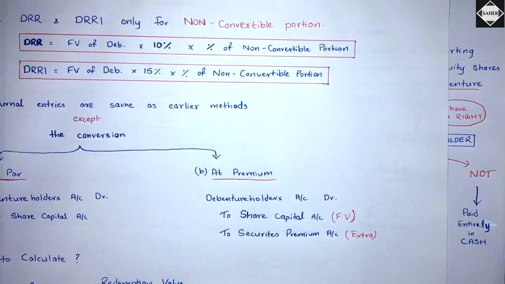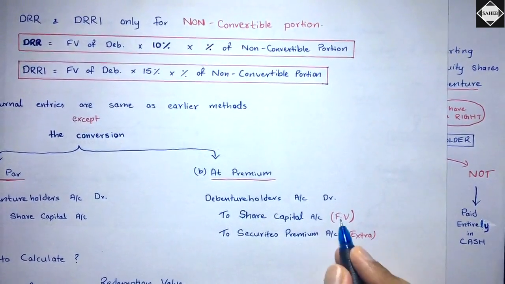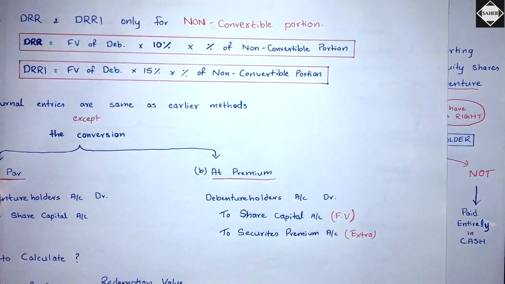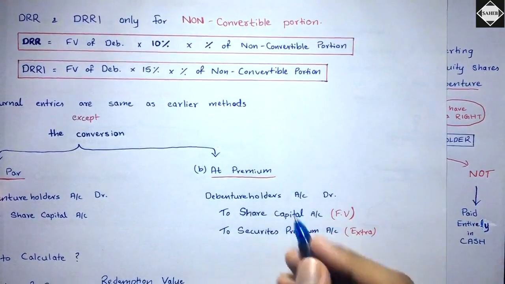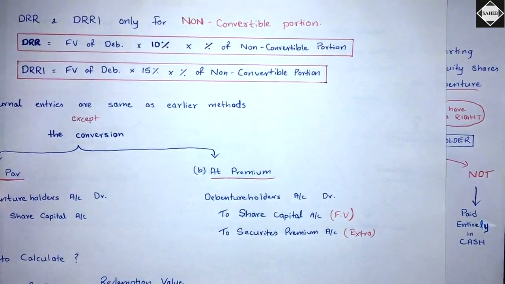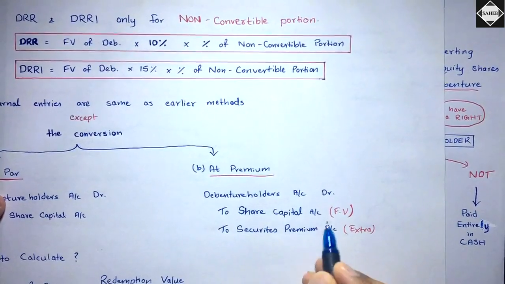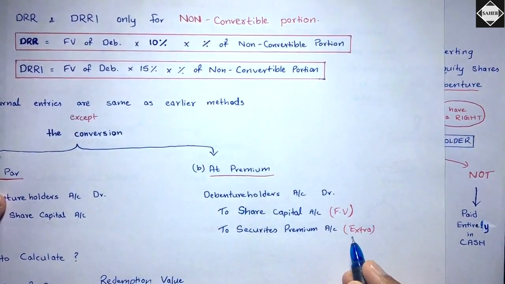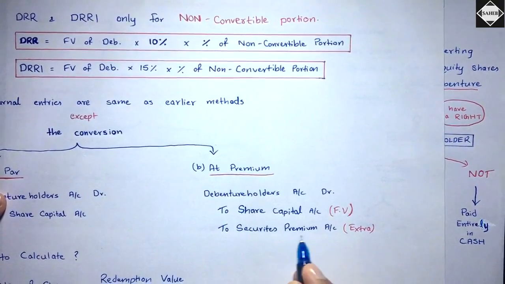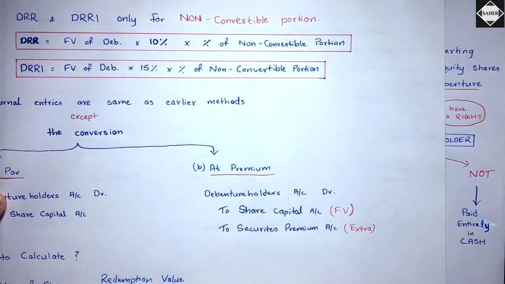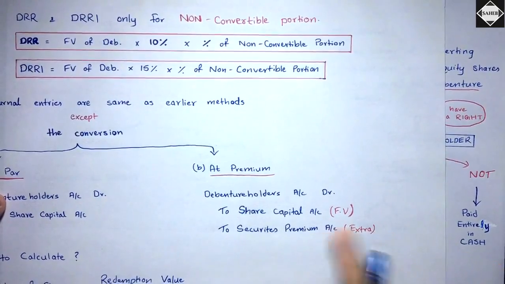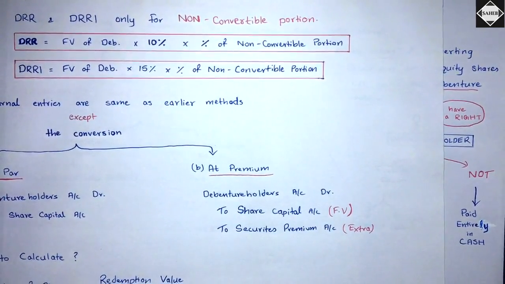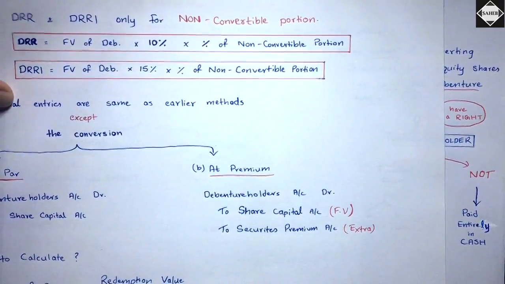Let's say the market value is 20 rupees and 10 rupees is the face value, and at that price you have issued the shares, the redemption is happening at that price. Then share capital only rupees 10, and the remaining rupees 10 or rupees 15 or whatever it is, rupees 2, rupees 3, that will go to securities premium account. You all know this is a basic entry, debenture holders account debit to share capital to securities premium. So these are the entries that you have to understand, only the conversion entries.